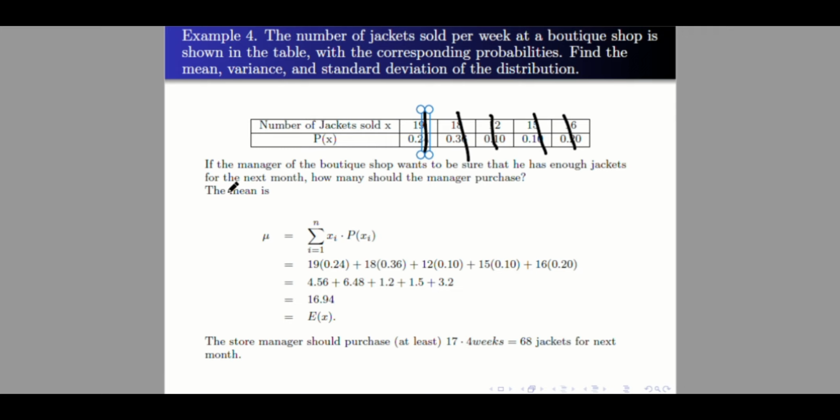So therefore, for a month, there are 4 weeks in a month, so we can multiply this. 17 times 4 is 68. So for the next month, the manager can order or can purchase at least 68 jackets for the next month.